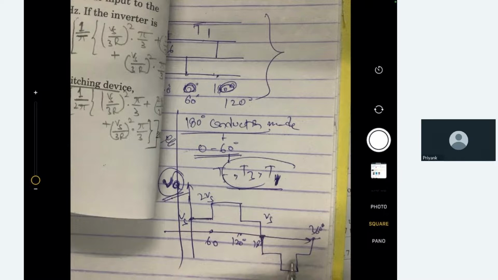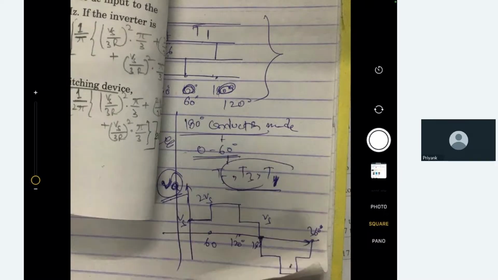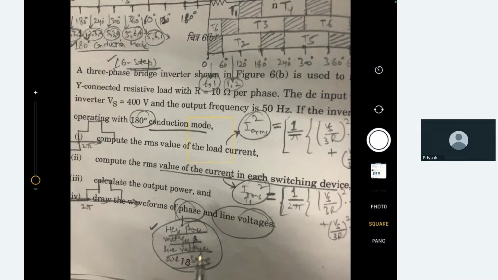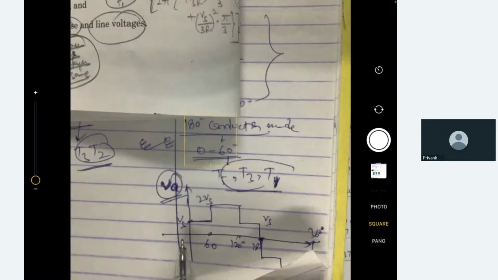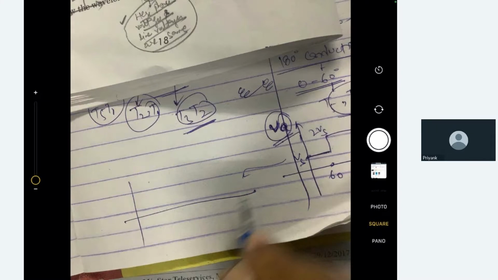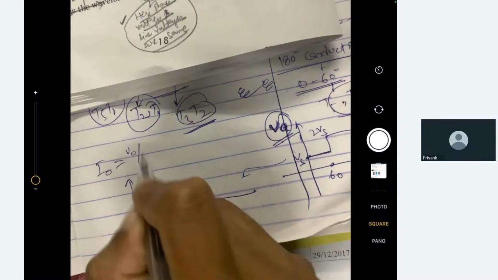Now in the question, what are they asking? They are asking us to compute the RMS value of load current. The output phase voltage is this, and this can be used to find the output load current. Io will be nothing but Vo divided by R in this case, because we are having a resistive load only.